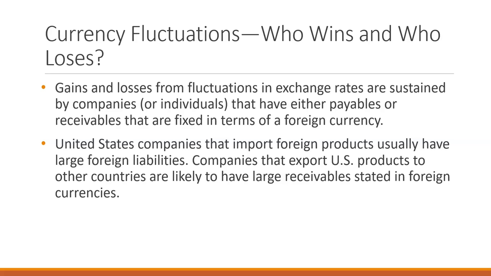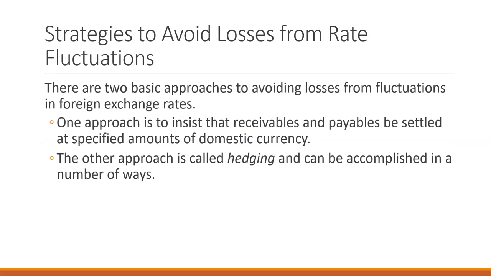And some currencies are historically stronger against the dollar than others. And sometimes we strategically plan on what companies we purchase from based on that kind of strength against the US dollar.